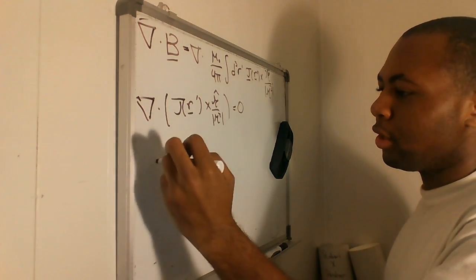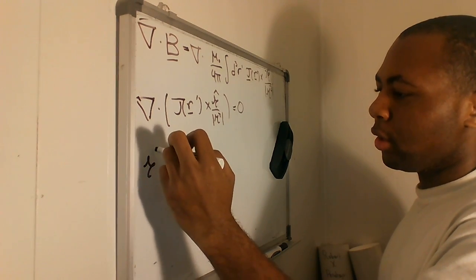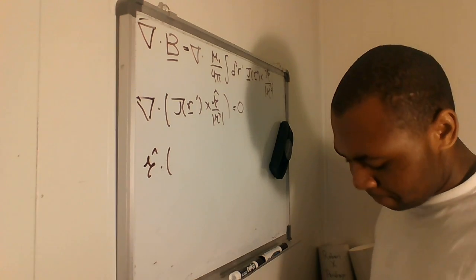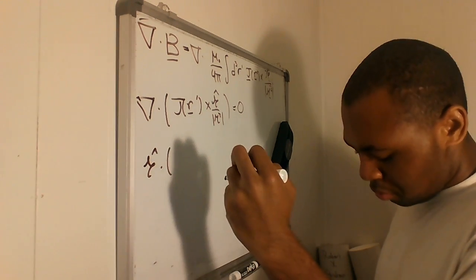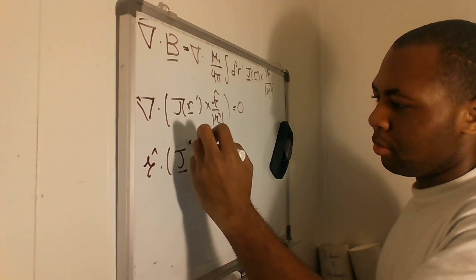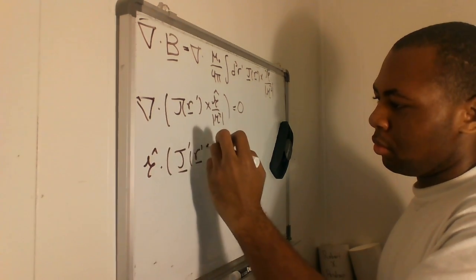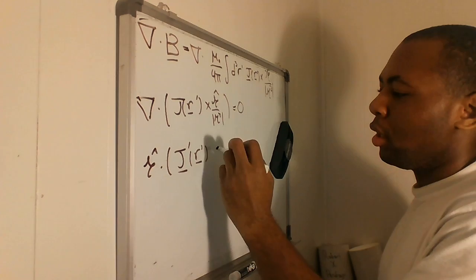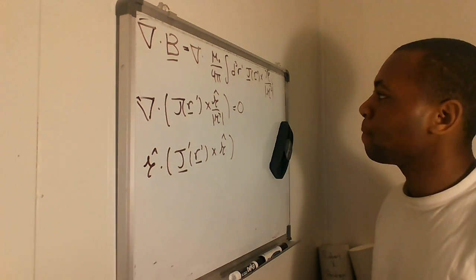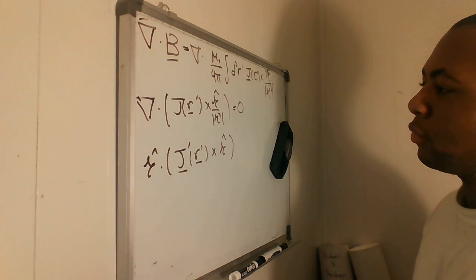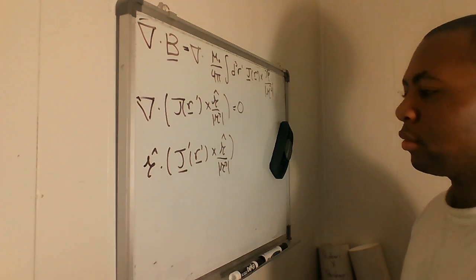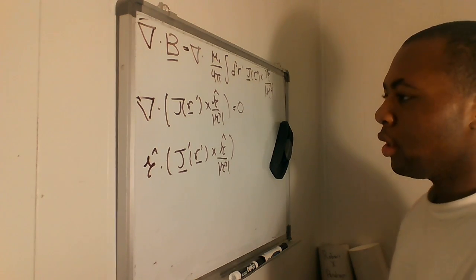This evaluation is curly R dot J prime crossed with curly R. Actually, it's really curly R. There you go.